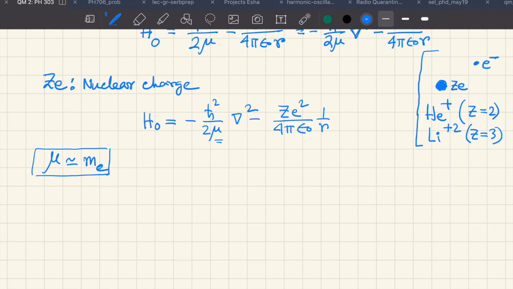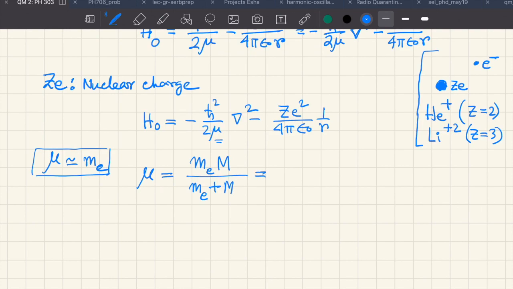As you already know, it is basically more correct to think of this mu as a reduced mass. So let me just remind you what the reduced mass was. It was just the mass of the electron times the mass of the proton, which I denote here by capital M, divided by the mass of the electron plus the mass of the proton.